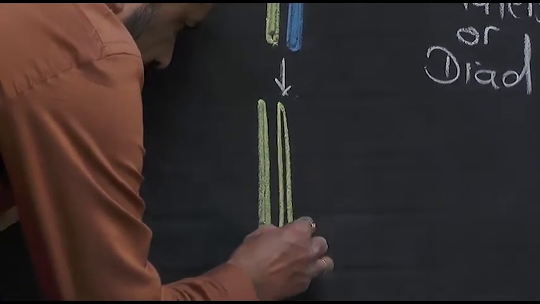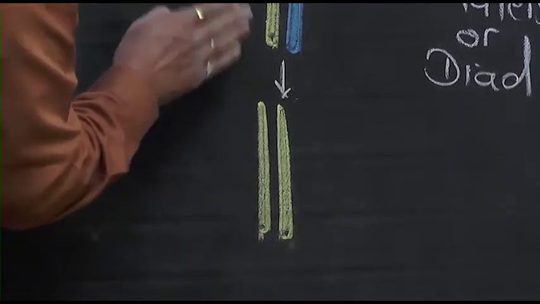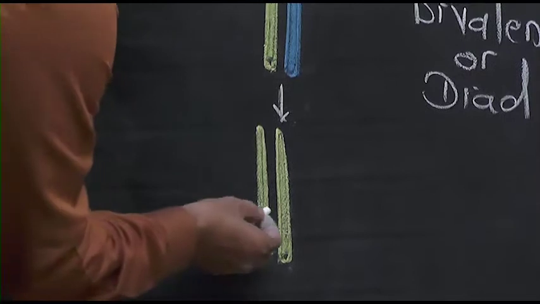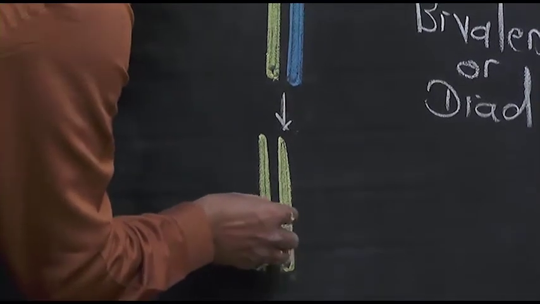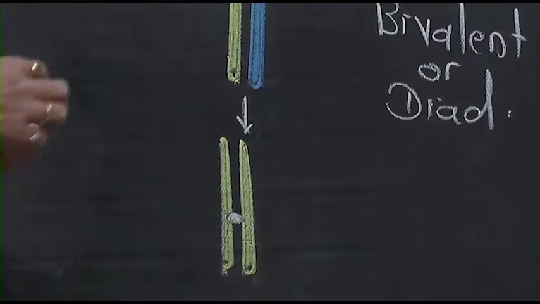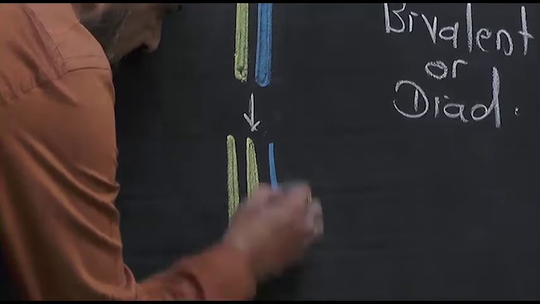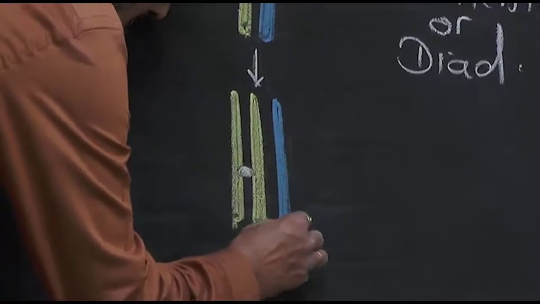Let me show. Suppose these are 2 sister chromatids of one chromosome. We know that chromatids always remain held together by means of the centromere, and here are 2 sister chromatids of another homologous chromosome.